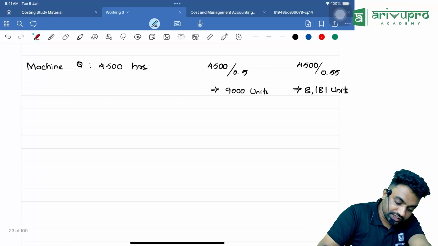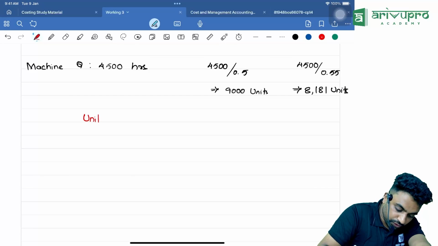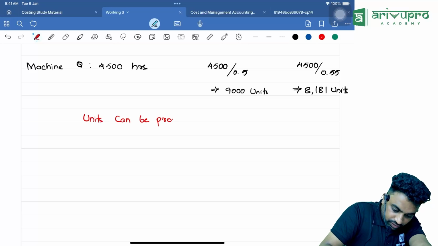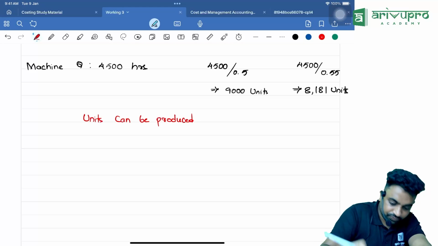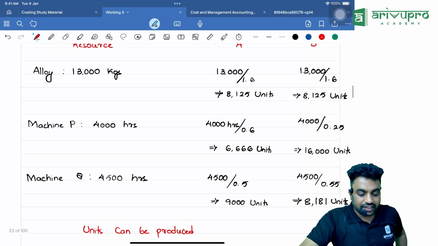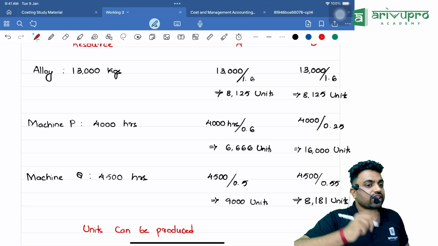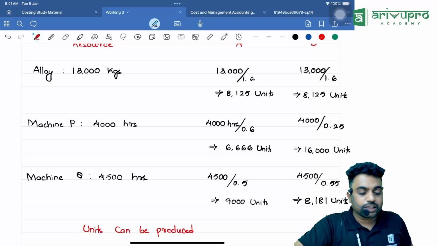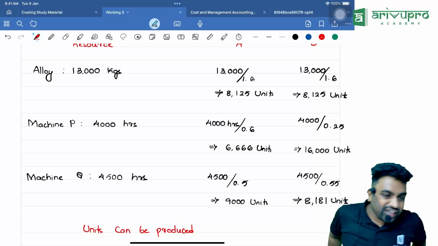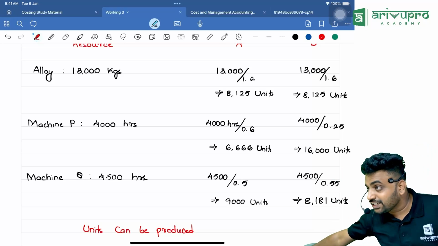Now, units to be produced or units can be produced. Guys, try to understand. As per the material availability, A you can produce 8,125 units. As per machine P availability, you can produce 6,666 units.